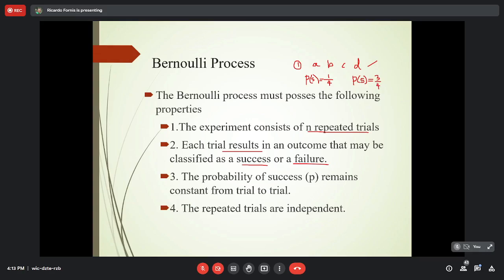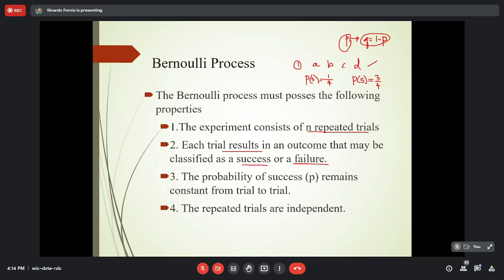Now, if the probability of success is given as P, then the probability of failure, Q, is calculated as 1 minus P. You get first the probability of success. In the Bernoulli process, the outcomes of the different repeated trials will be classified as success or failure.